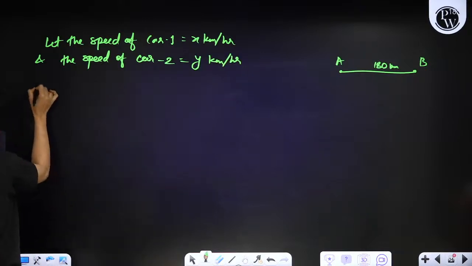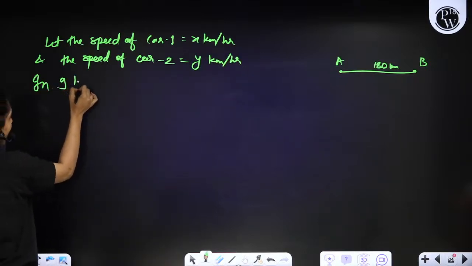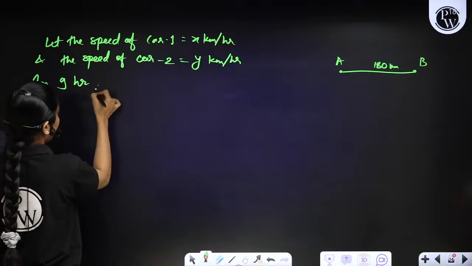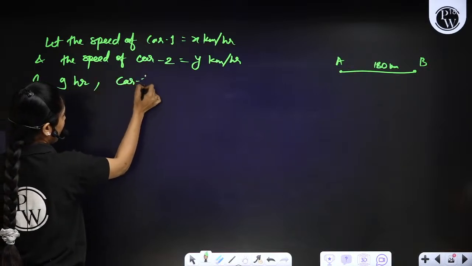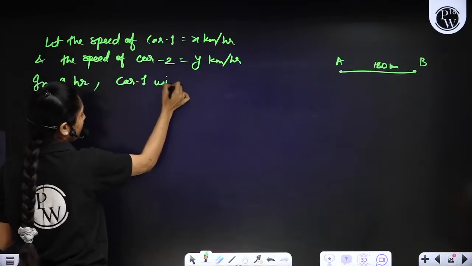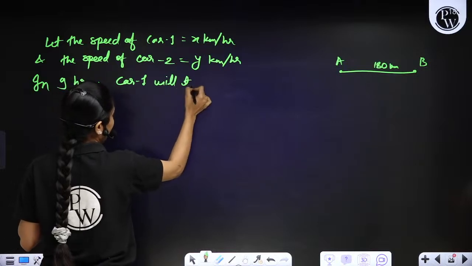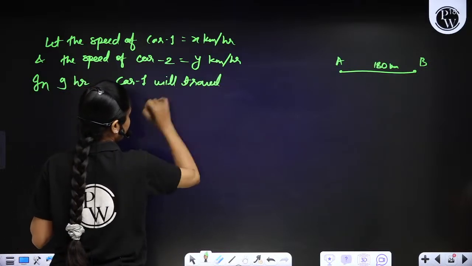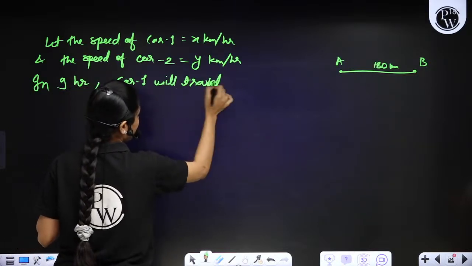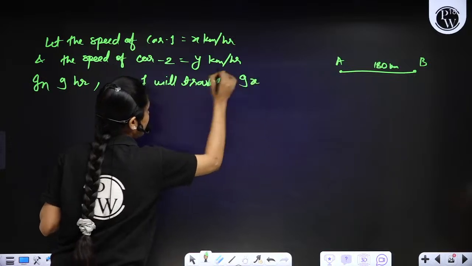Okay, so in 9 hours, car 1 will travel 9x distance.